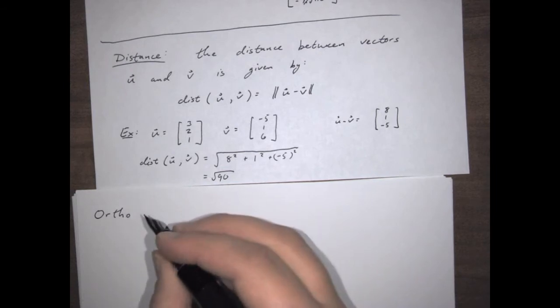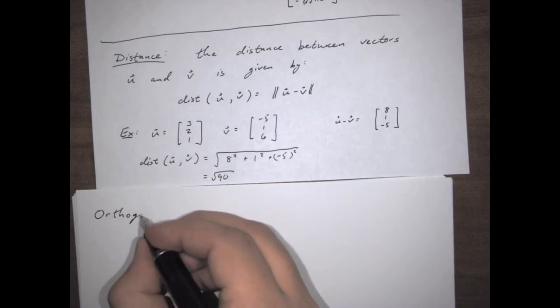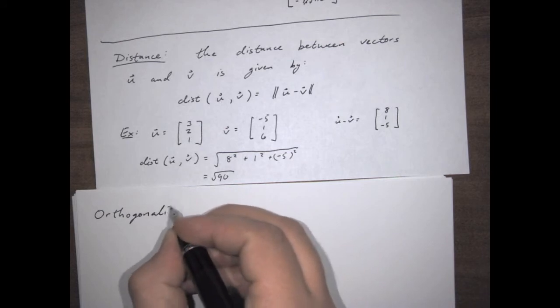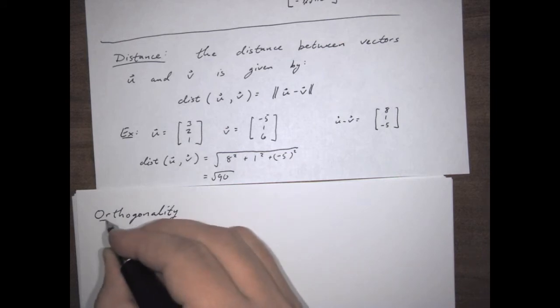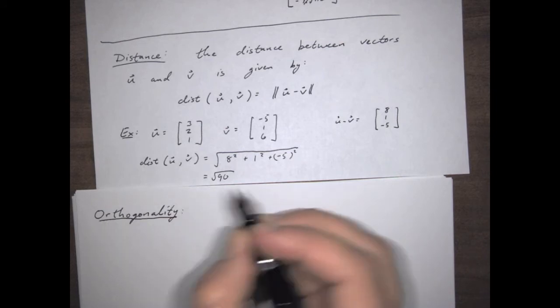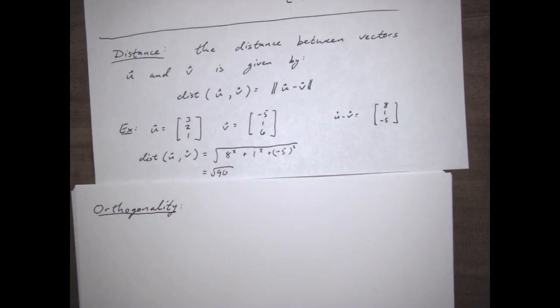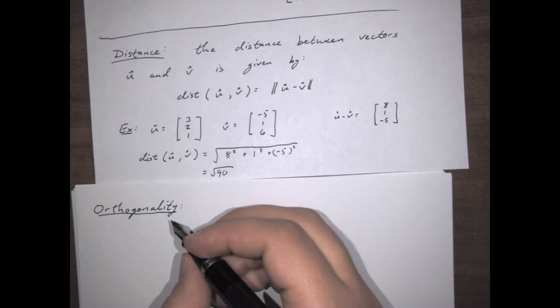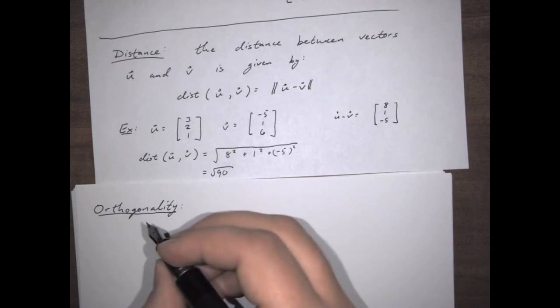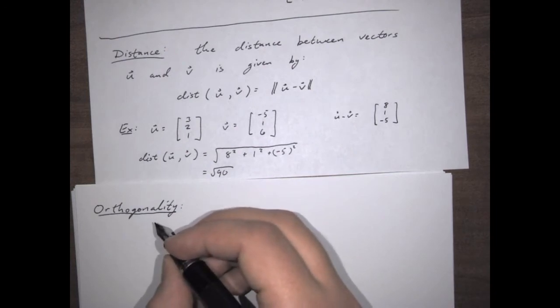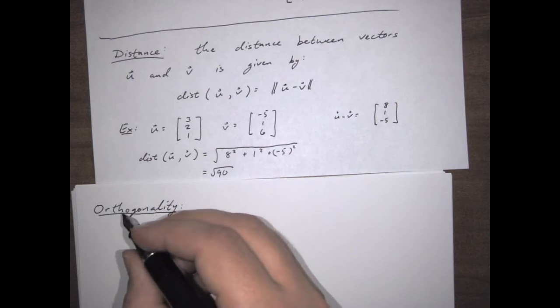All right. Now, here is the last major topic of this section, orthogonality. So there's a lot to say about this, and it's a long word. Ortho means right. For example, orthodox in religion means having the right beliefs. Or it can also mean straight.